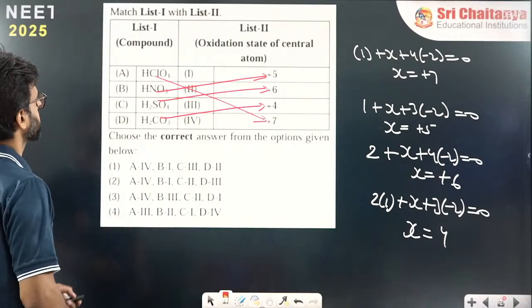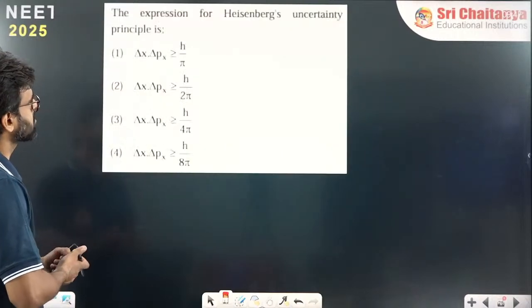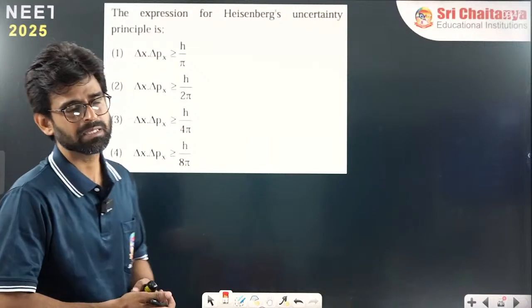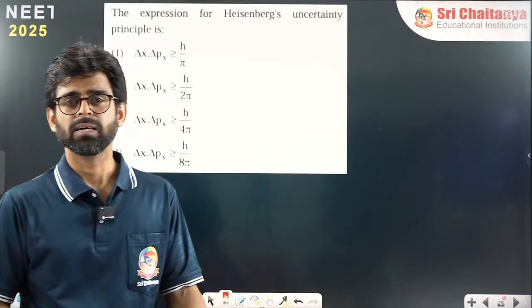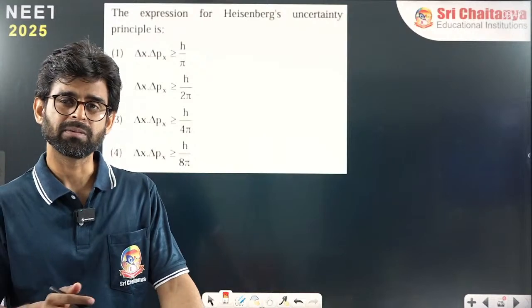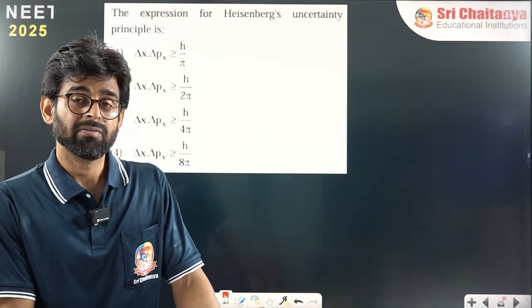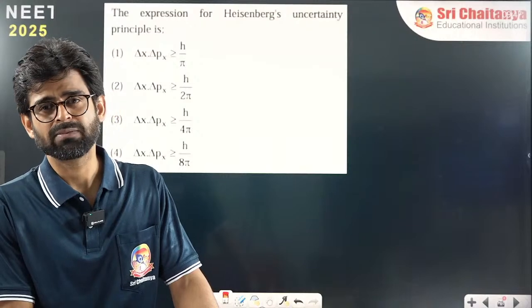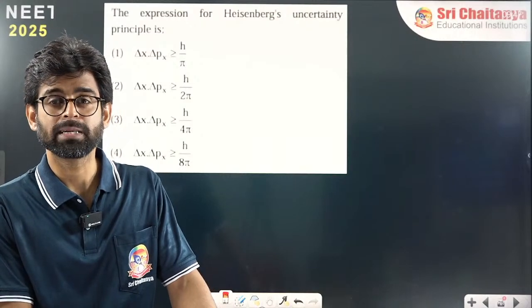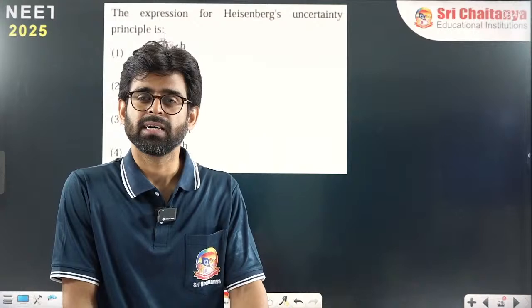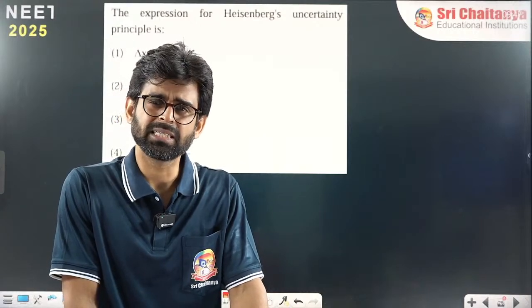Okay, good. Now the next thing is the expression for the Heisenberg uncertainty principle. Okay, so what is that? This principle says that we cannot find the exact position as well as exact momentum of a particle. There will be uncertainty.